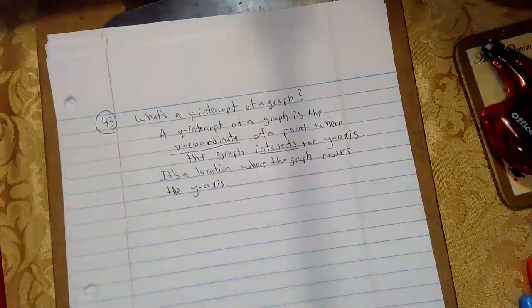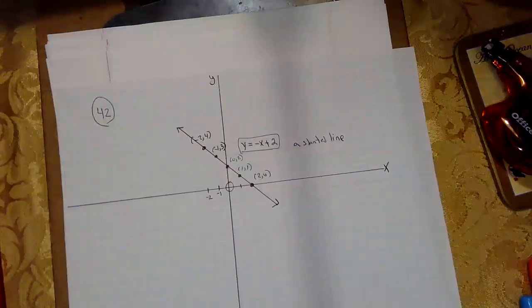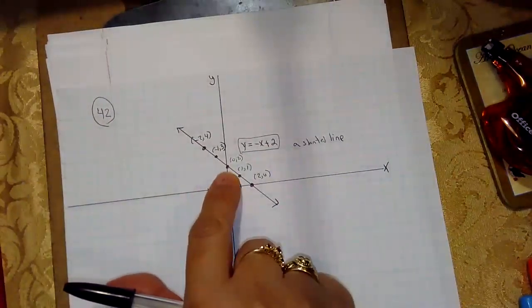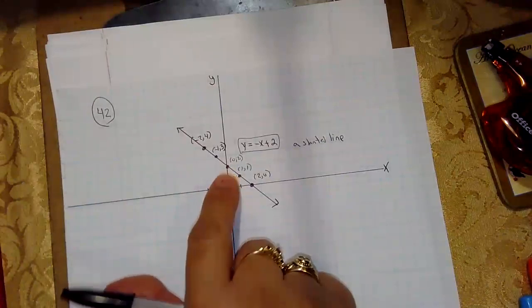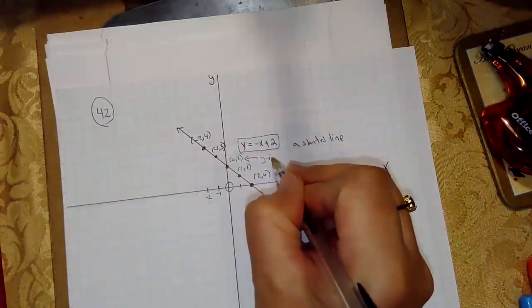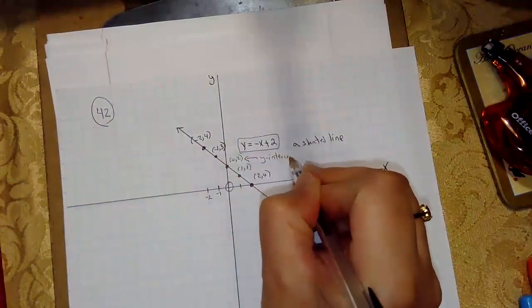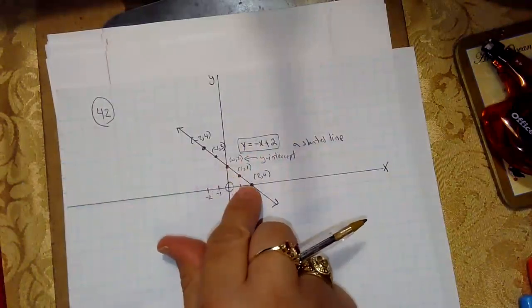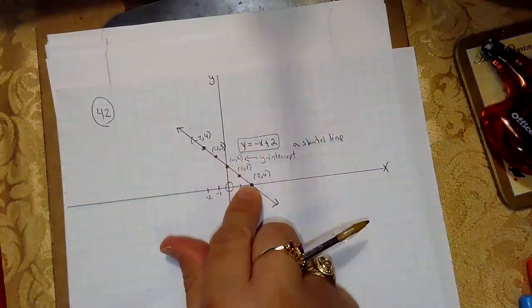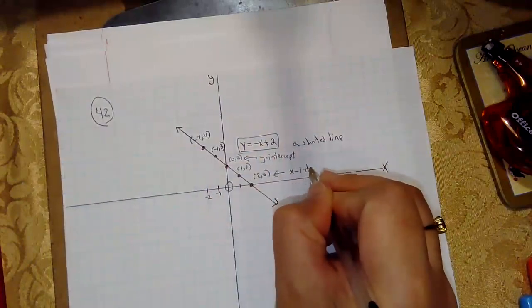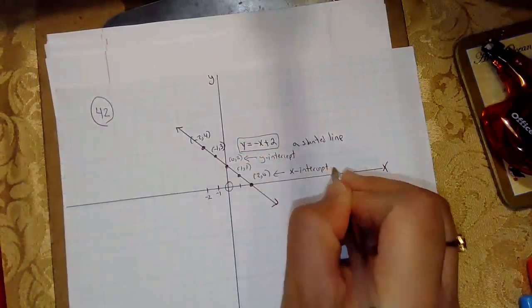Okay, so like for the previous problem we did on this number 42, see how your graph crosses the y-axis right here? This happens to be 0, 2. That happens to be the y-intercept. That's where the graph crosses the y-axis. And see this right here? This is the x-intercept. 2, 0.